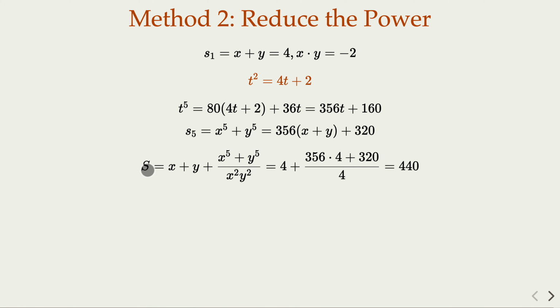So here, the original expression, you plug in the numbers, you get the same result. Notice that in method number 2, which I personally prefer, we use the equation to reduce the higher power, to the third, to the fourth, to the fifth, or to the sixth. You can always reduce it step by step, and then eventually you become a linear term. Once you have a linear term, the math is easier.